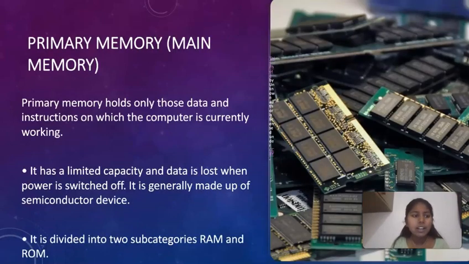Next we will see primary memory. Primary memory and main memory are the same. A primary memory holds only those data and instructions on which the computer is currently working. It has a limited capacity and data is lost when the power is switched off.